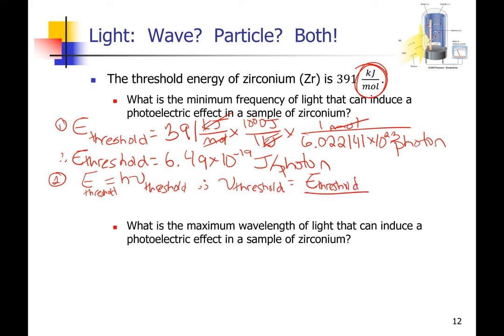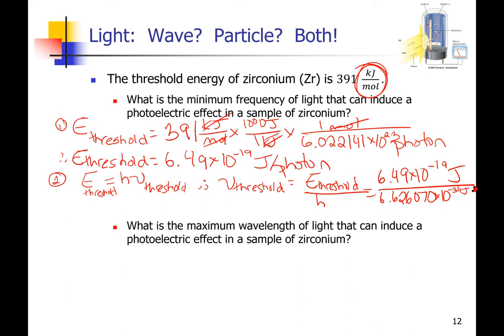So 6.49 times 10 to the minus 19 joules, all divided by 6.626070 times 10 to the minus 34 joules per hertz.